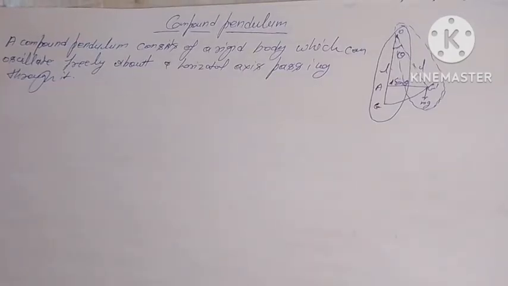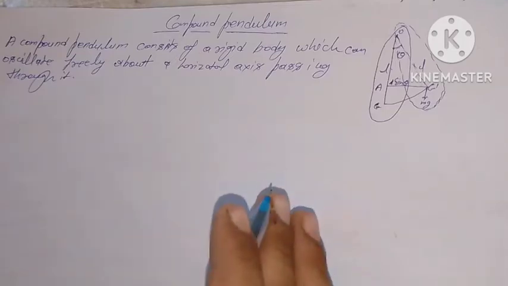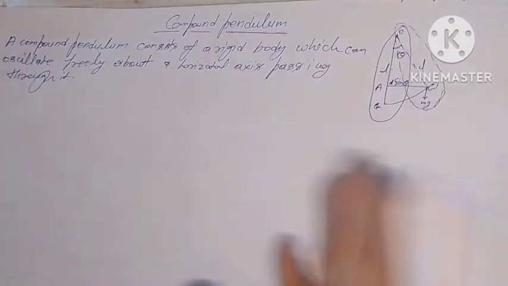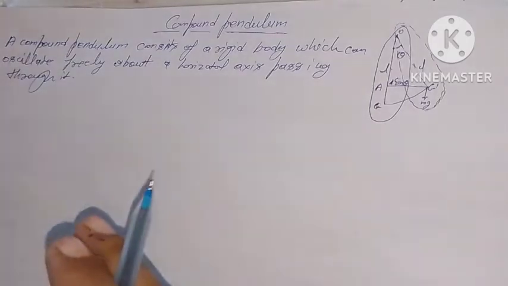A compound pendulum consists of a rigid body which can oscillate freely about a horizontal axis passing through it.